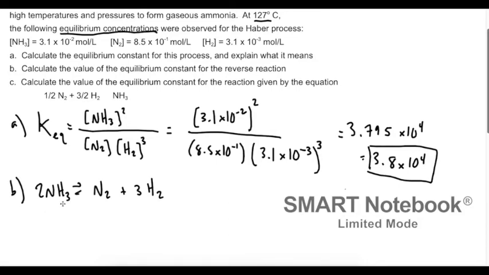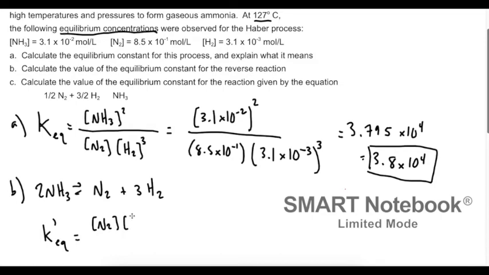And so now it's like ammonia is my reactant, and these are my products. So I can write a new equilibrium expression for this. I might want to call it K prime to say that it is a new version of this. And you can see that now these guys are my products. They were on the bottom before. They're going to be on the top now.